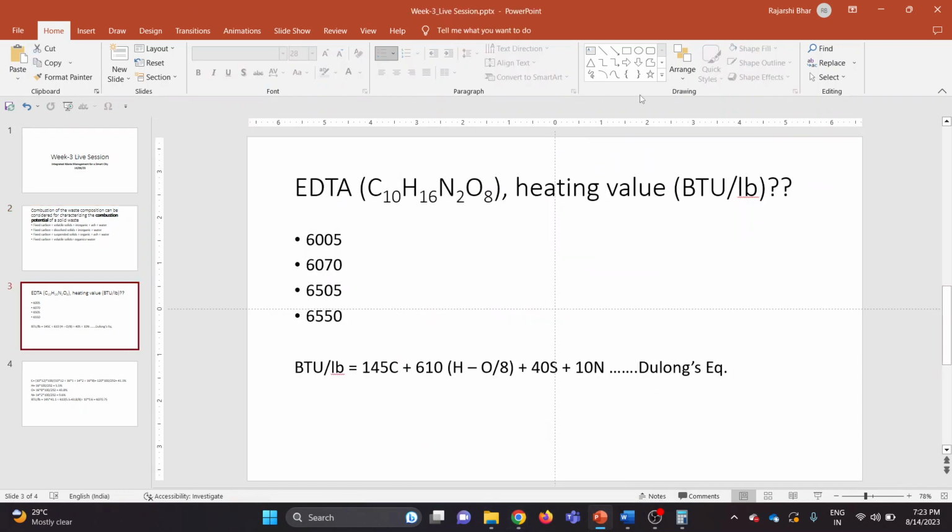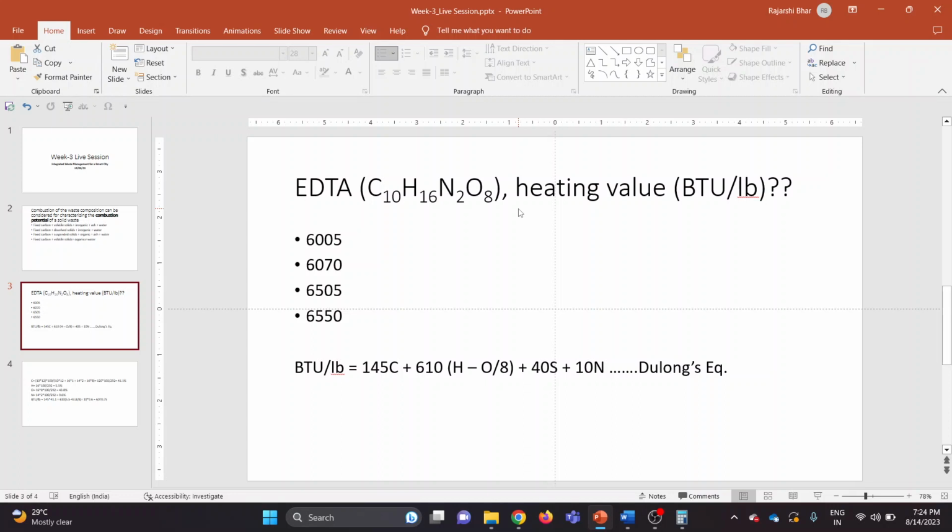Okay, yes. So this is the second one where you have to calculate the heating value. First things first, EDTA is a chemical, so we can have this chemical formula. In the last class, we were also discussing ultimate analysis, where we take a fuel and determine its C, H, N, S, and O. These 6 elements, we determine the percentages or fractions of those in a material, and based on that fraction we can formulate such formulas.